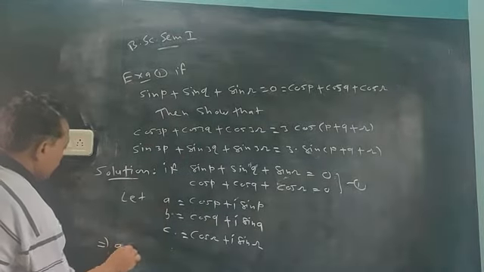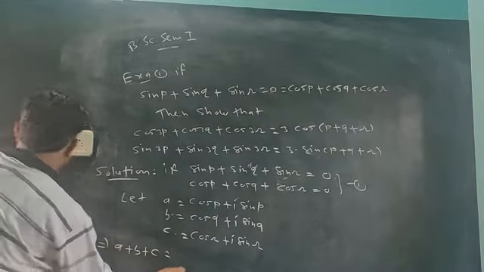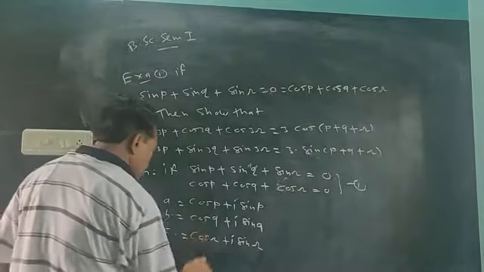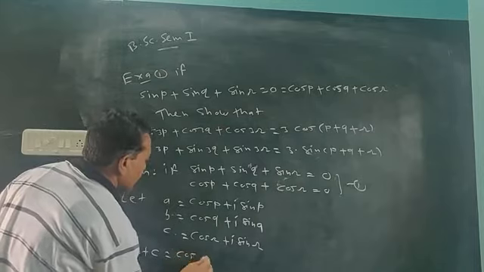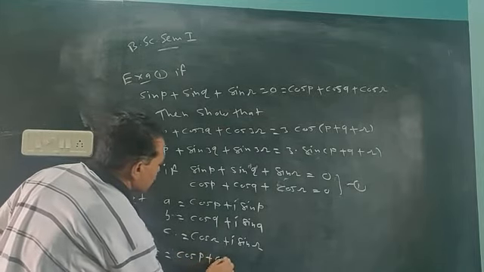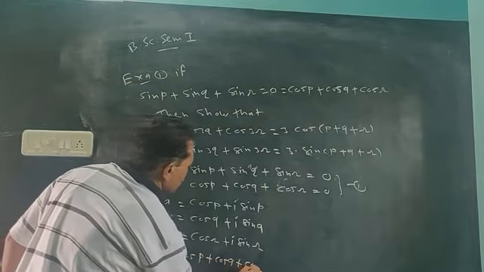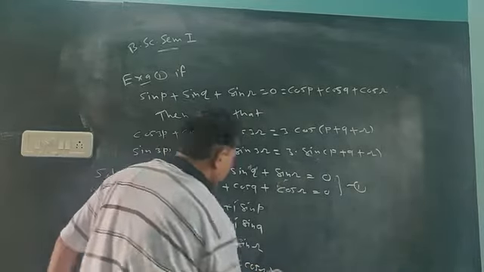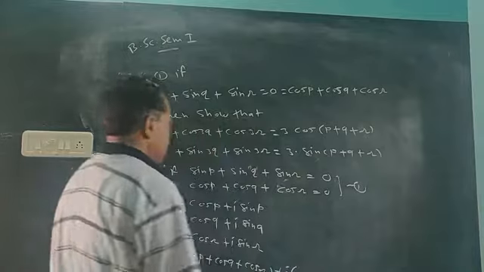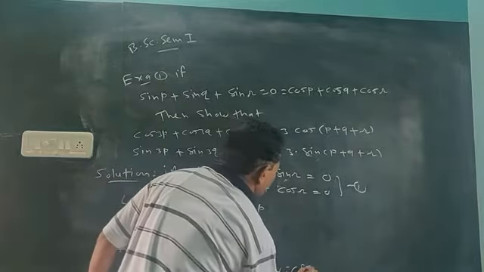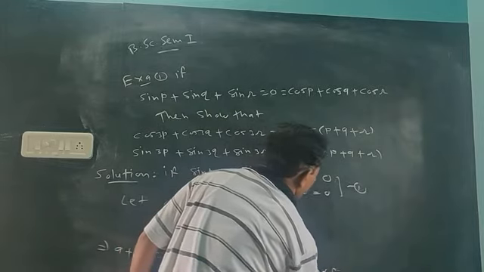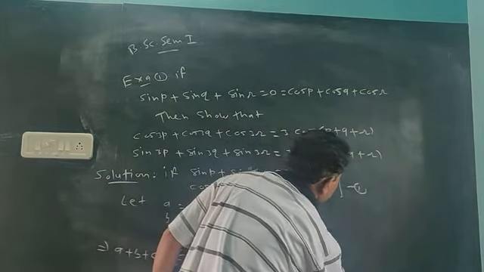Now if we add a plus b plus c, the real part in one bracket is cos p plus cos q plus cos r, and the imaginary part is sin p plus sin q plus sin r.